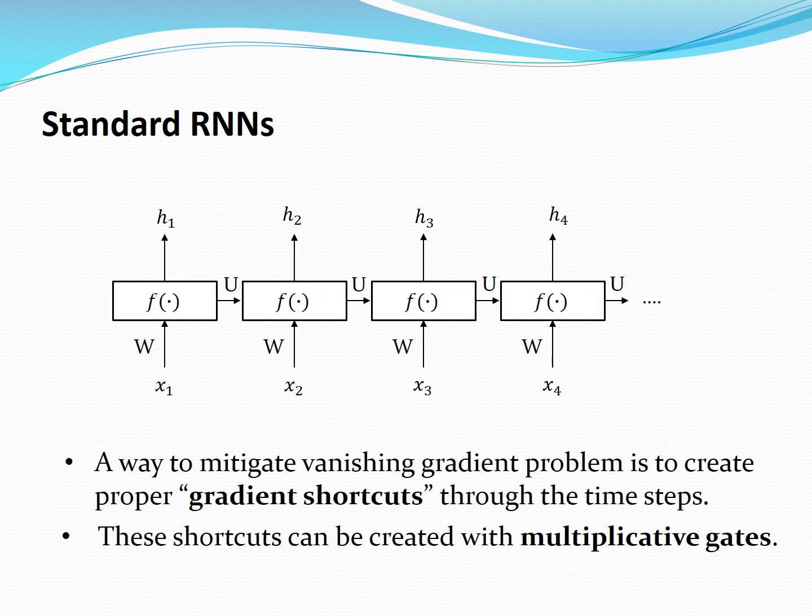One way to mitigate this issue is to add some shortcuts in our recurrent architectures where the gradient can flow without suffering from vanishing problems. And one popular way to add these shortcuts is to use the so-called multiplicative gates.